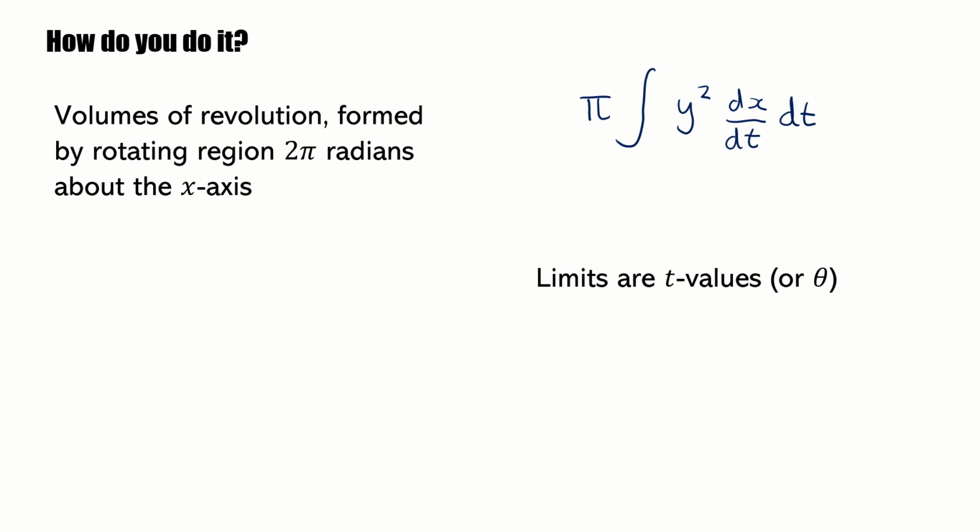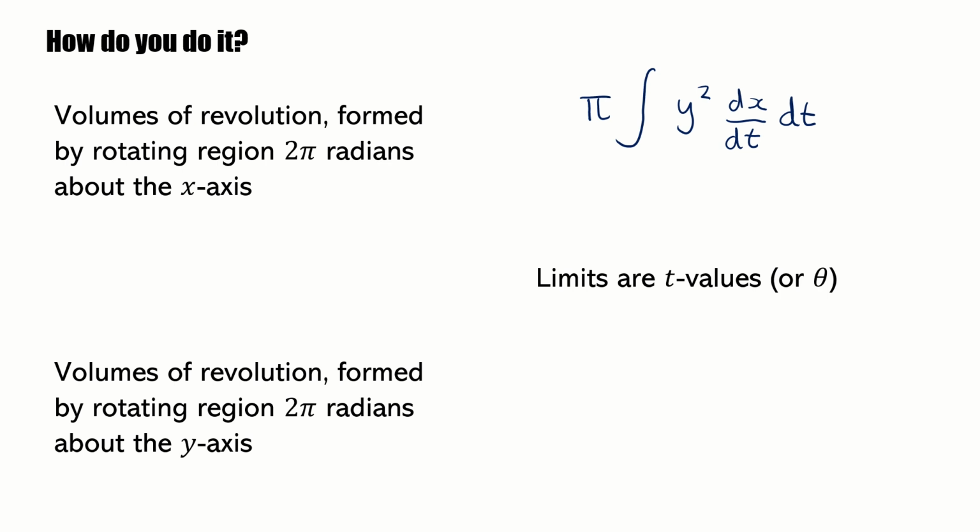But then if you want to do volumes of revolution rotated about the y-axis, that would instead be the formula pi lots of the integral of x squared. Again, this time x will be in terms of t or theta, and then we will multiply that by dy over dt, and then we're going to be integrating with respect to t.